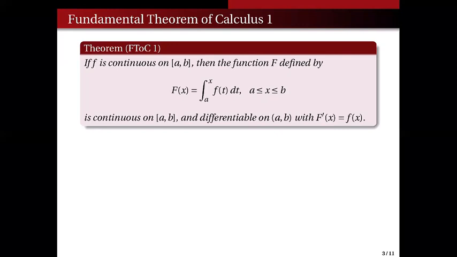Now, things that we need to emphasize here: your small f of x must be continuous on the interval [a, b]. If your small f of x is not continuous, then this may be false.